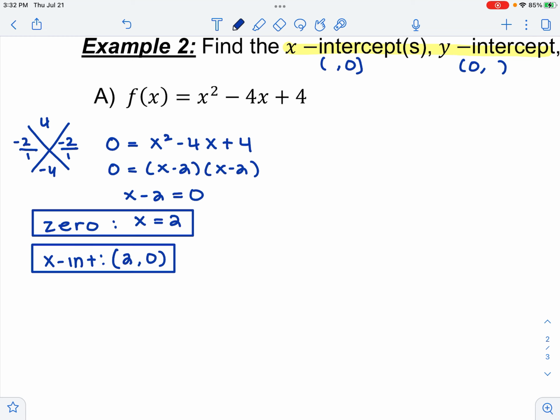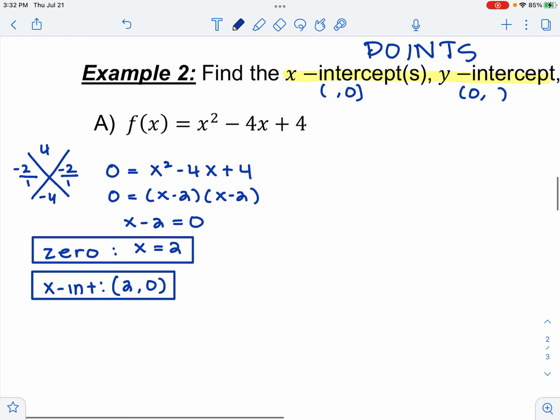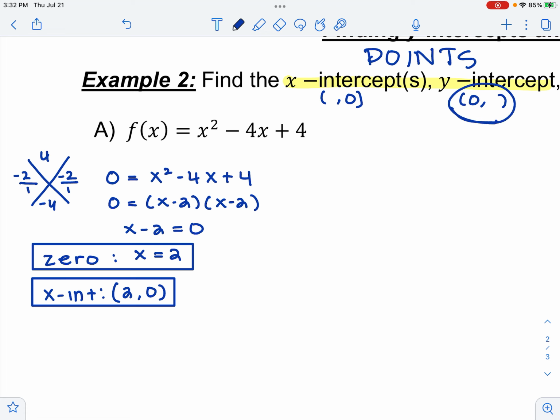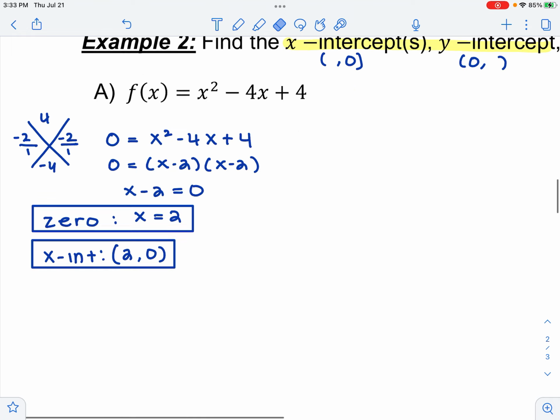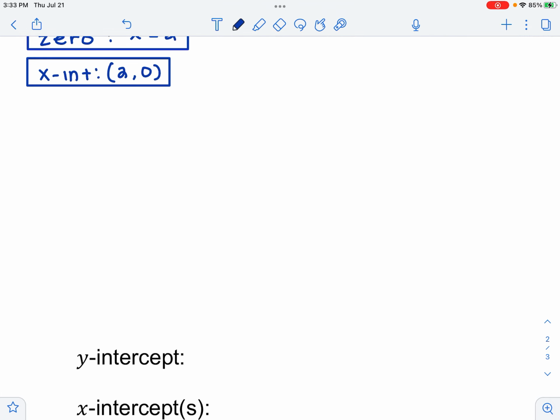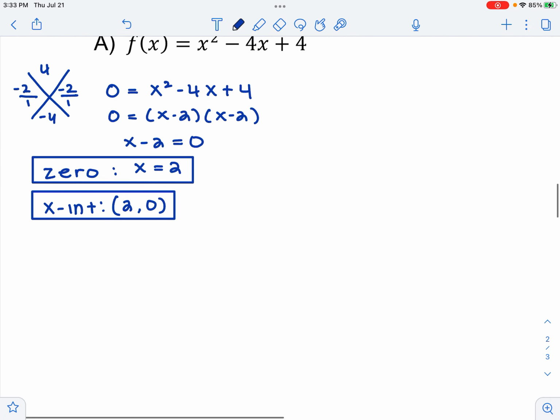And then last but not least, I have to get my y-intercept. Y-intercepts are in the form 0 comma something. This is when x is 0, find y. So we are going to plug in 0 for x and see what we get for y. This is f of 0.